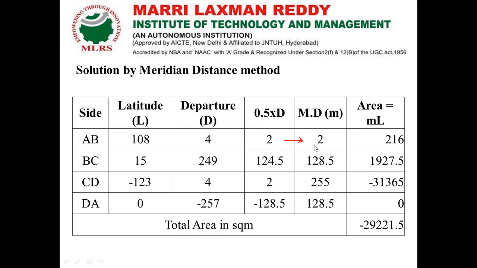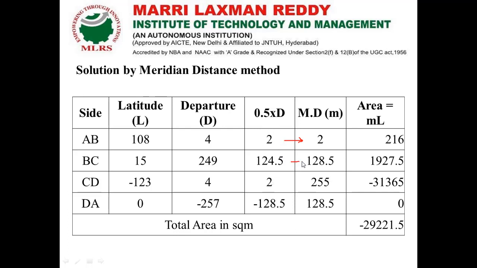Next, for the line BC, we have two things, the preceding line and the line itself. We have already multiplied with 0.5, that is, half of the amount we have taken.